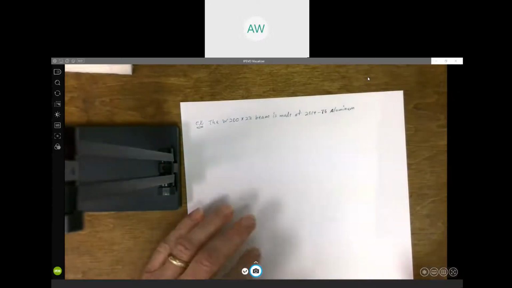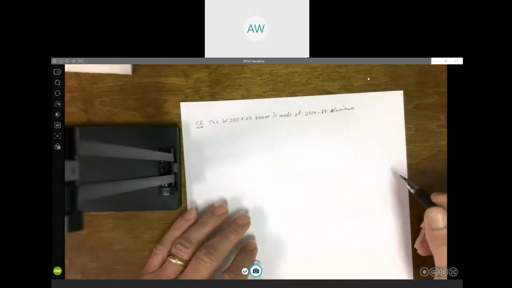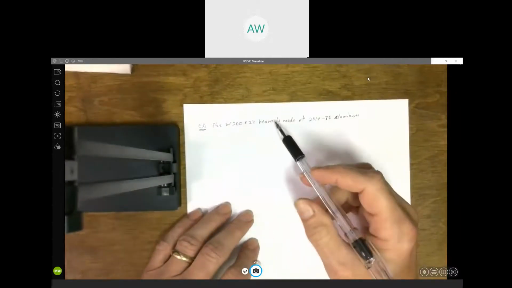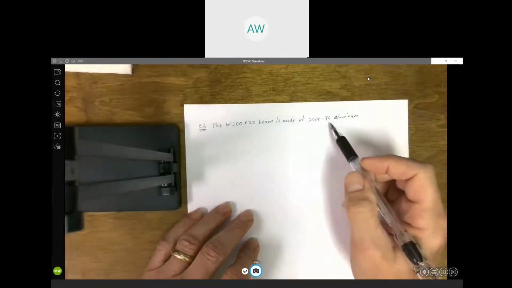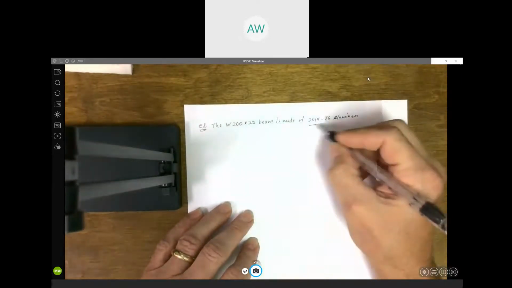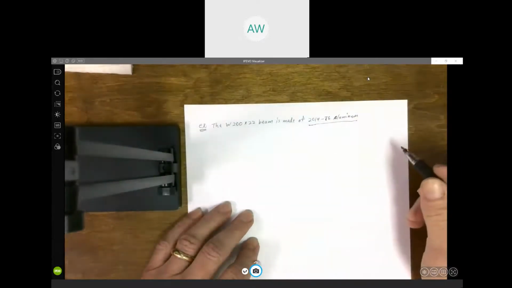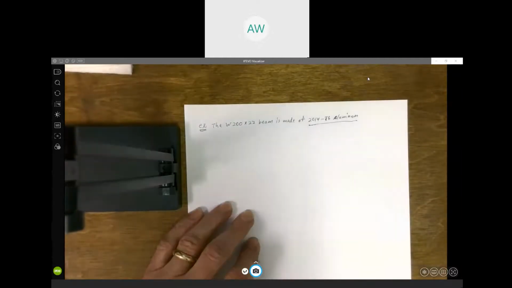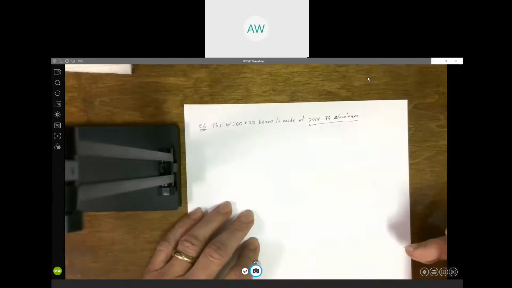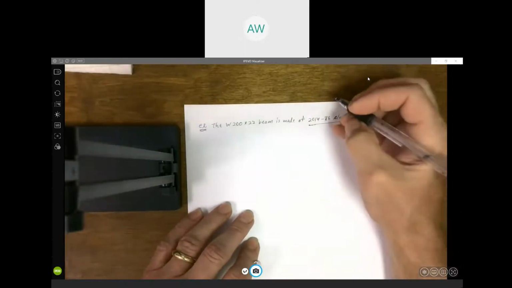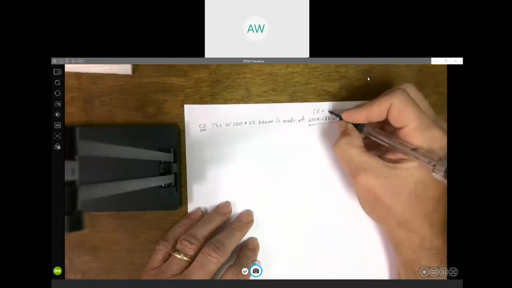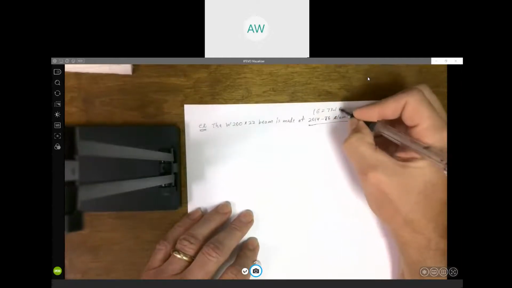And I was nice, and I went and looked up what the modulus of elasticity is for 2014 T6 aluminum. It's in that material property table that we talked about back earlier in the semester. And I looked that up, and I got E was 73.1 gigapascal.